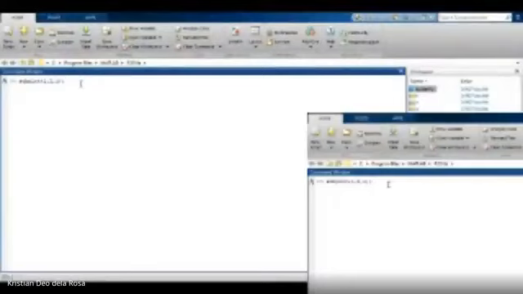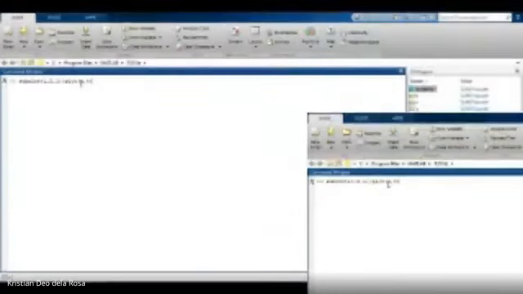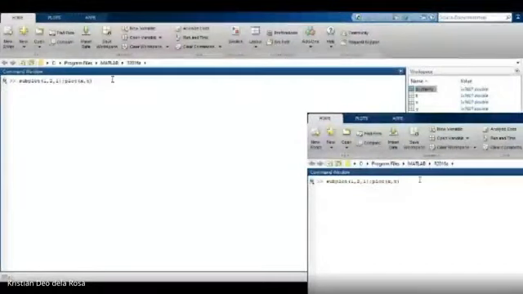Subplot of, plot natin yung x, t. So meaning, sa plot na yan, sa first row, second column, yung first plot natin is yung x, t. I hope I made it right. Hold on.